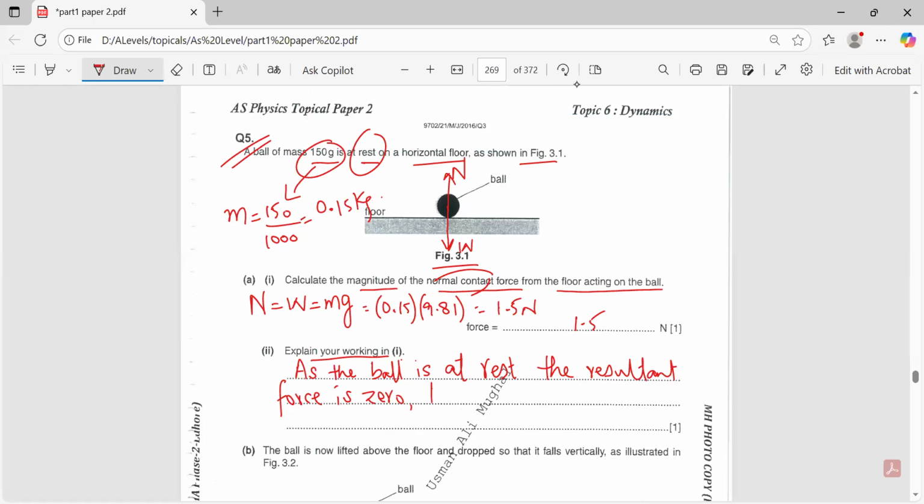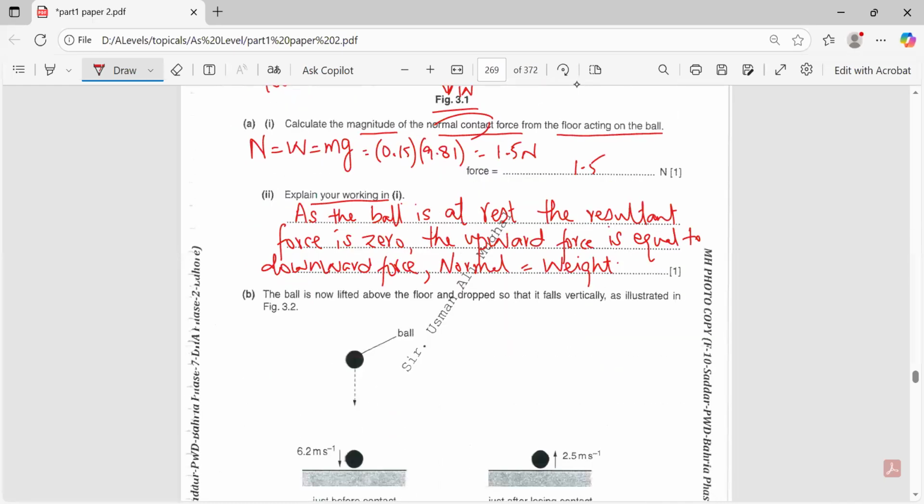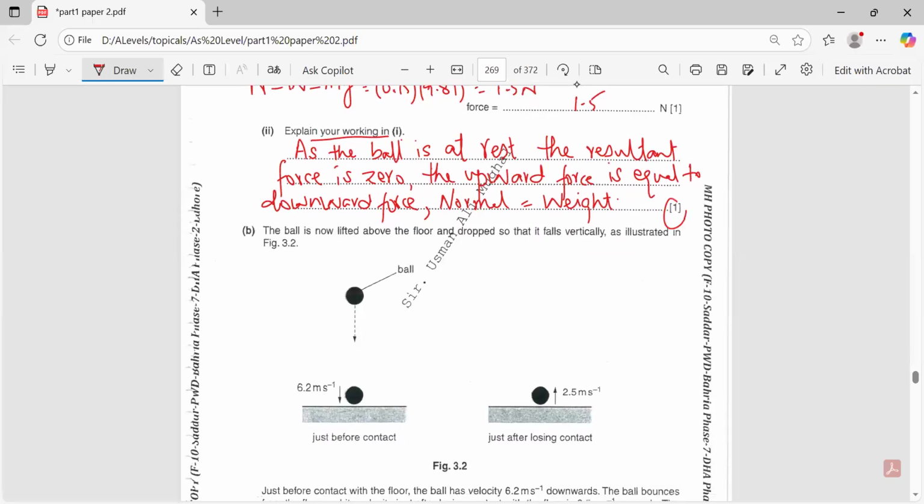What it means, the upward force is equal to the downward force. Because the ball is at rest, the resultant force will be zero. Upward force will be equal to downward force. Hence, normal force is equal to weight. This is how you are going to explain it for 1 mark.